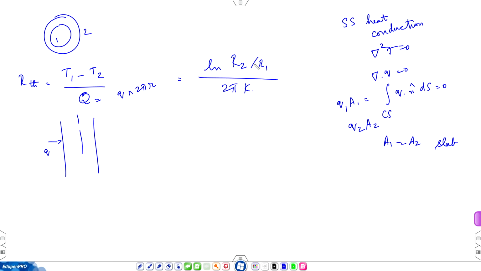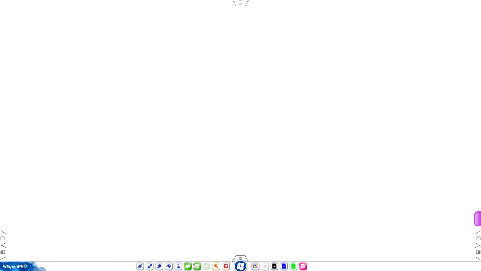Now, last time I had solved this problem, a slab problem where on the left side, so this is T2, this is T1 and there is a convective heat transfer coefficient.